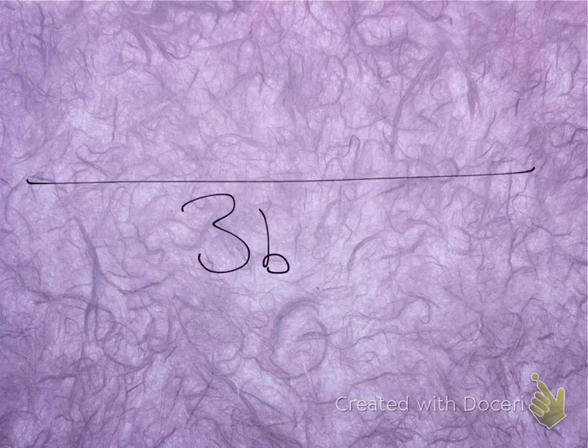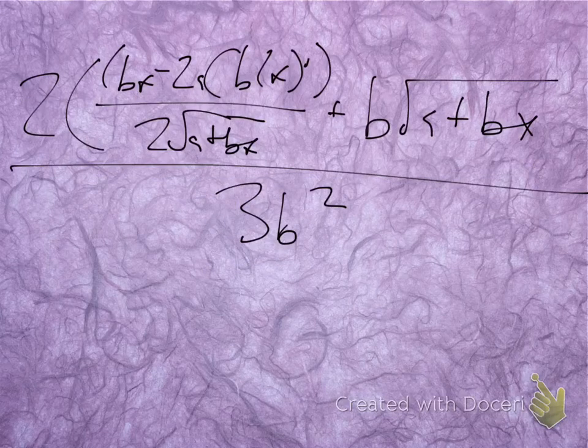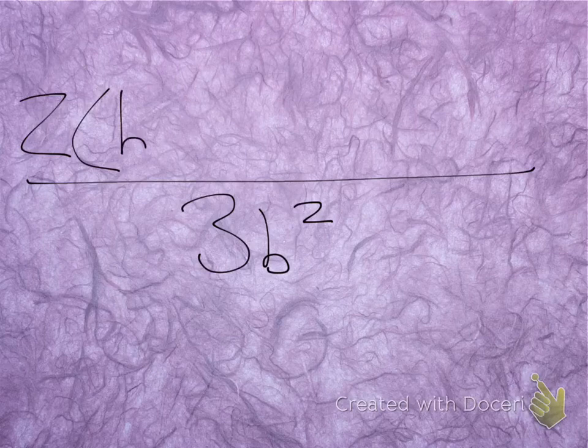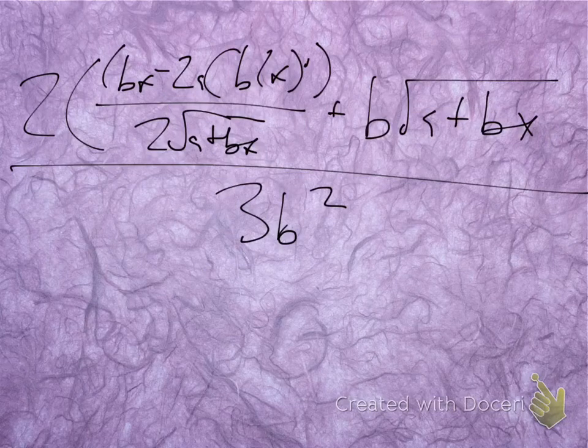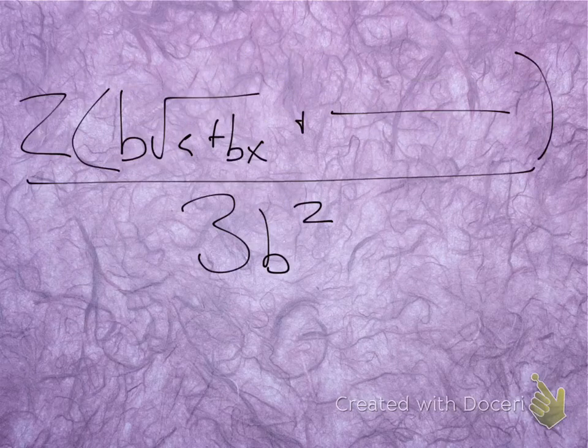We still have our 3b squared on the bottom. And our 2 times, and we can have that on the other side. So now we'll put our b times rad a plus bx plus, and we'll keep our ugly rational, which should be b times bx minus 2a, yeah, because that's just 1.